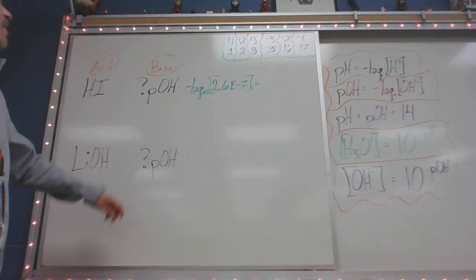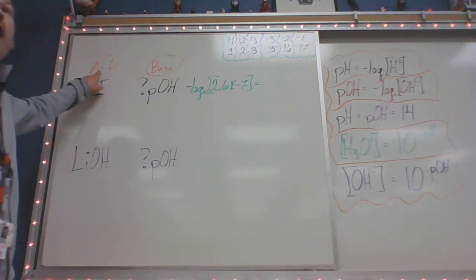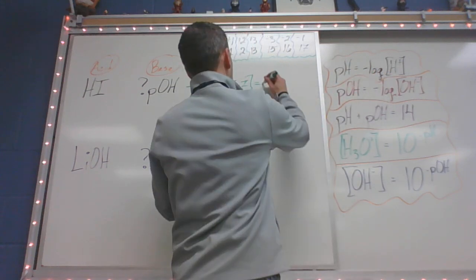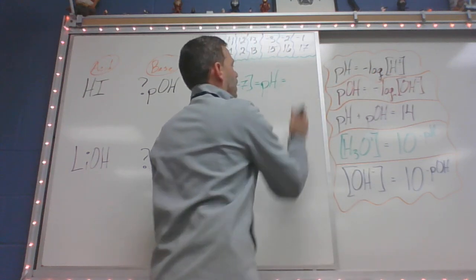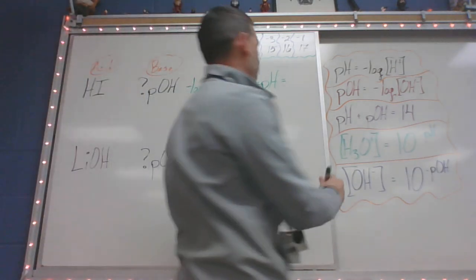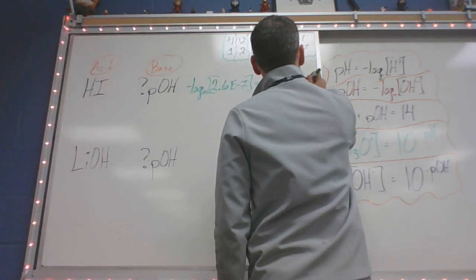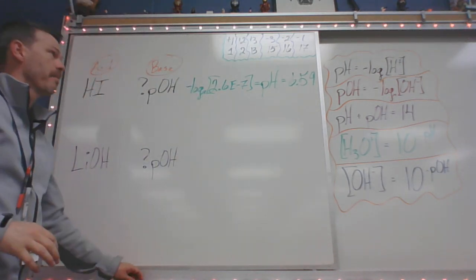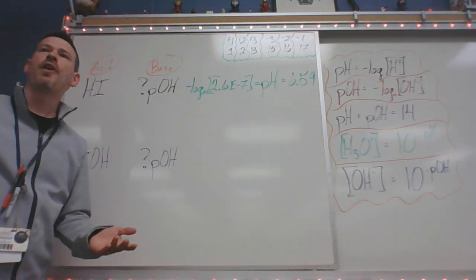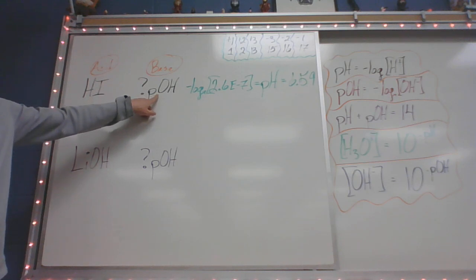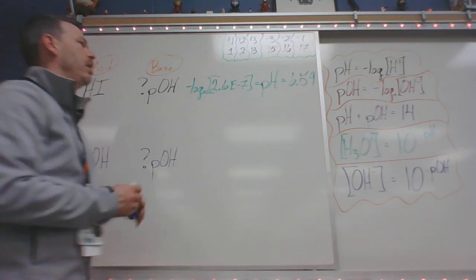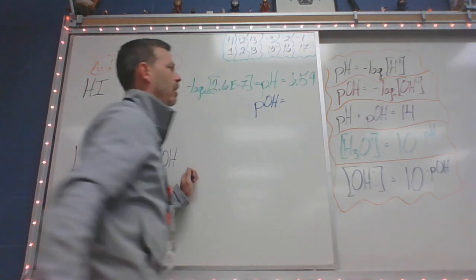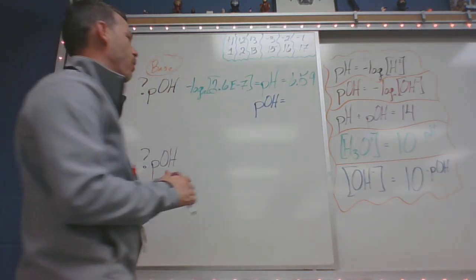Since I'm taking the negative log of an acid, it's going to spit out a pH of 6.59. That is not the answer, though, because it wants pOH. So the difference from 14 will give me 7.41.